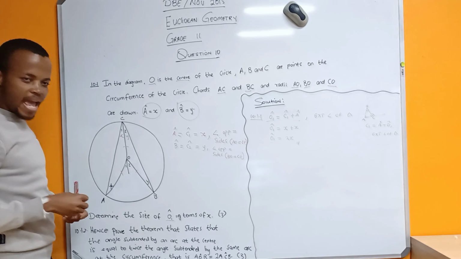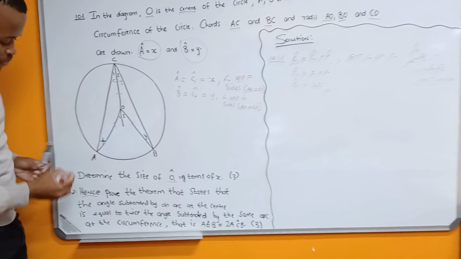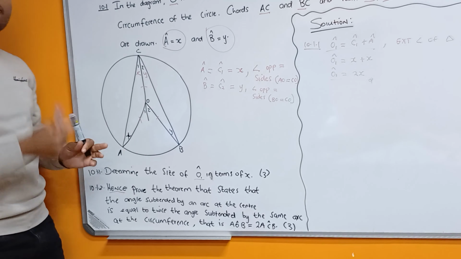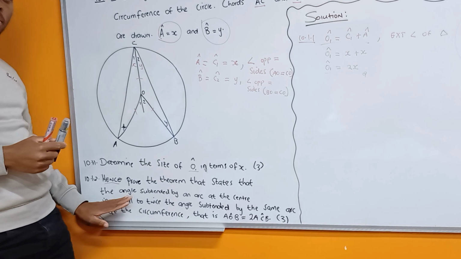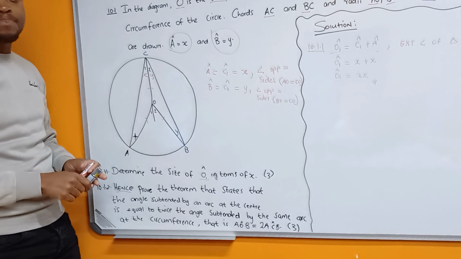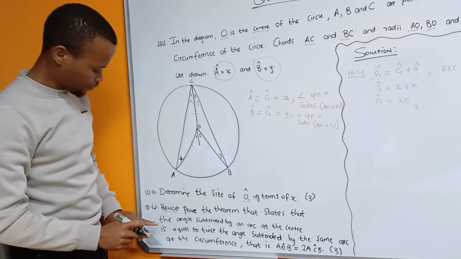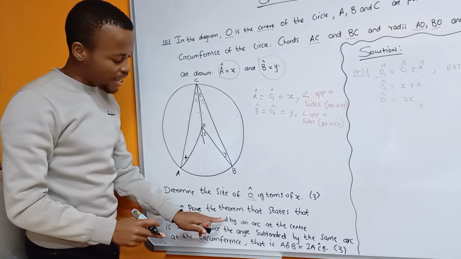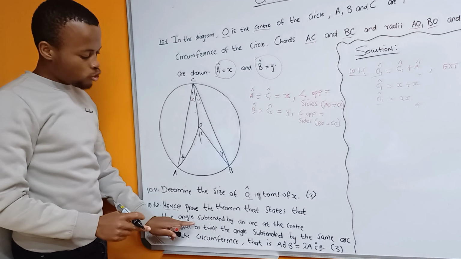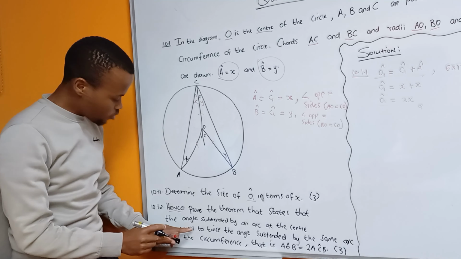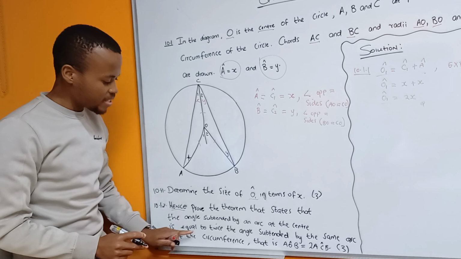Moving forward, once you see the term hence, that implies that you have to use the information from previously to solve the following question. So they say here, hence prove the theorem that states that the angle subtended by an arc at the center is equal to twice the angle subtended by the same arc at the circumference.